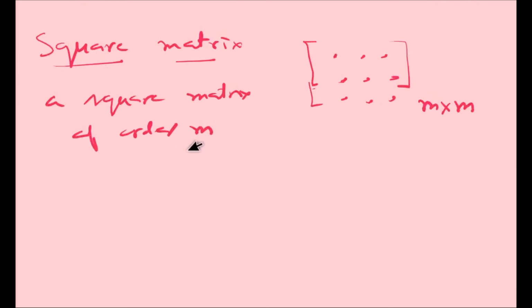So we can say if the order is m into n, and if m equals n, then it is a square matrix.